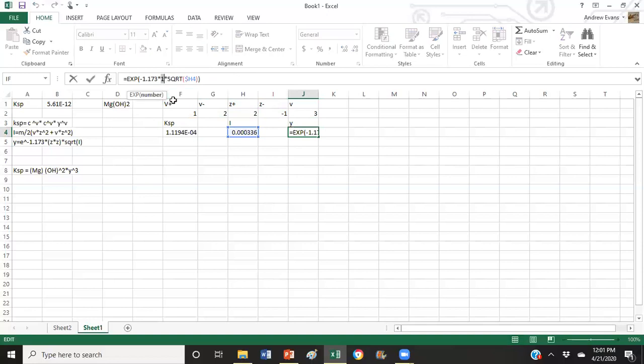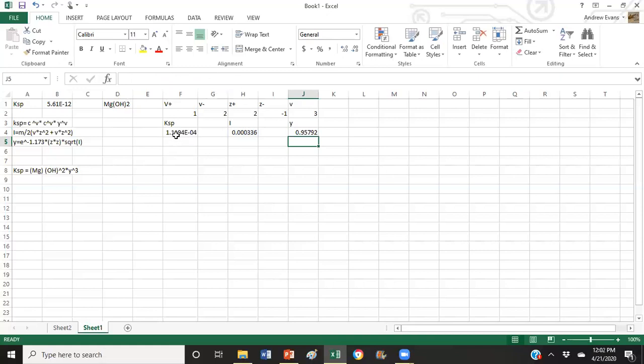The gamma, the activity coefficient, is now 1.173. Now it's not times 1, it's times 2, because 2 plus times 1 minus is the effect of 2, and the square root of whatever I is.